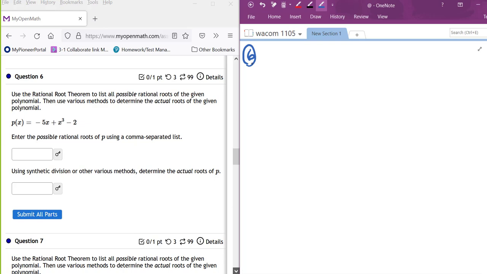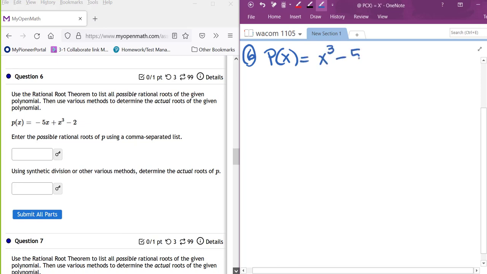So first of all, we need to put it in descending order. So I'm just going to write it in descending order. x cubed should be first, minus 5x, minus 2. So we don't have a lot of possible zeros here.